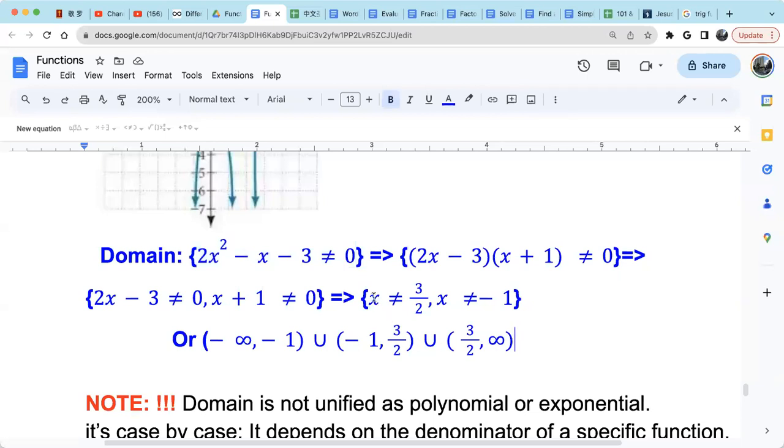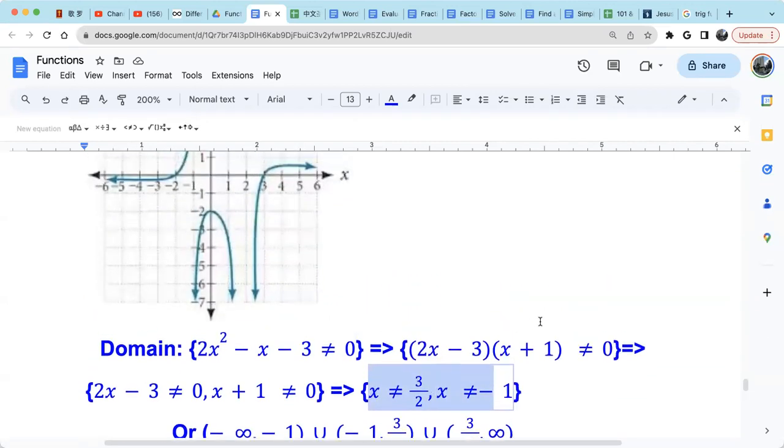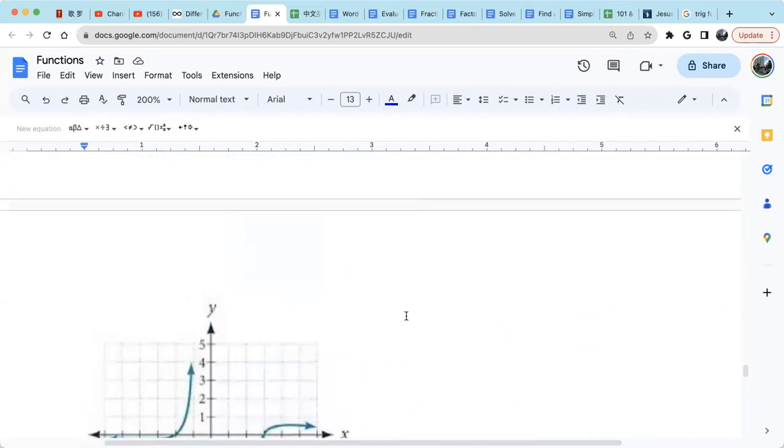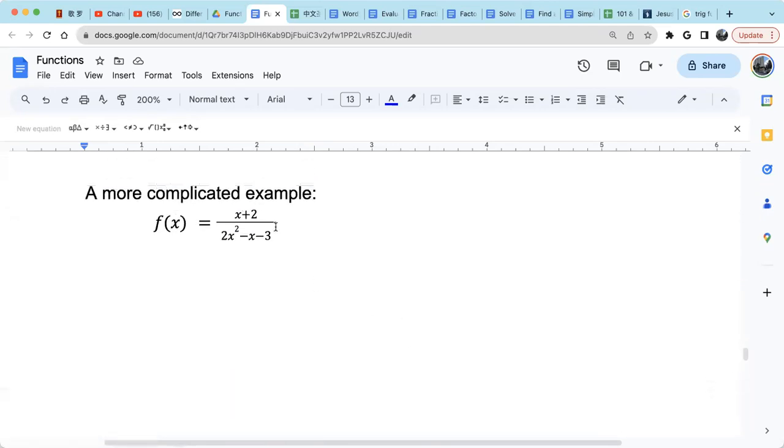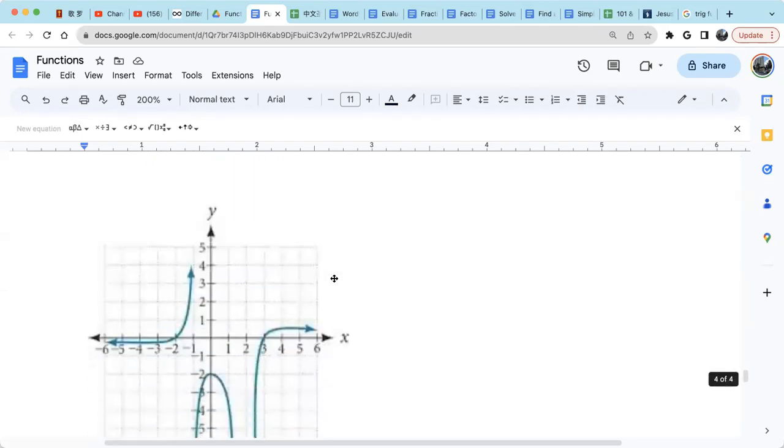So as long as x is not 3 over 2 or -1, the x value works for this function. This function just doesn't work with 3 over 2 or -1.